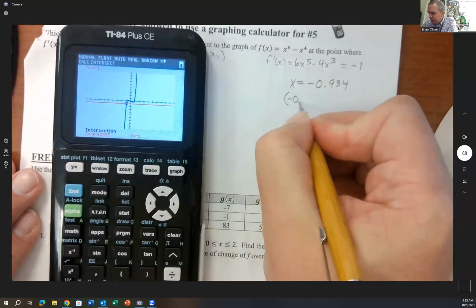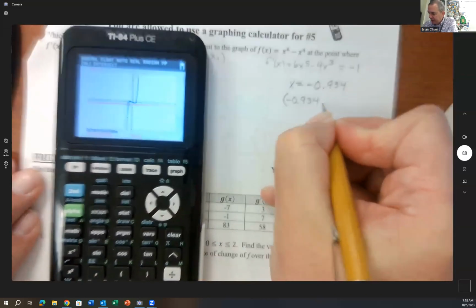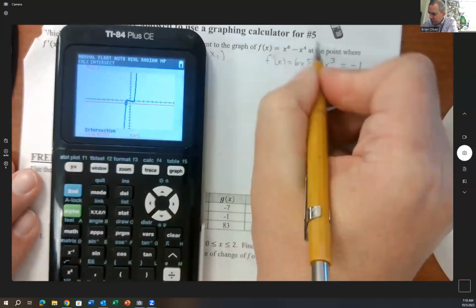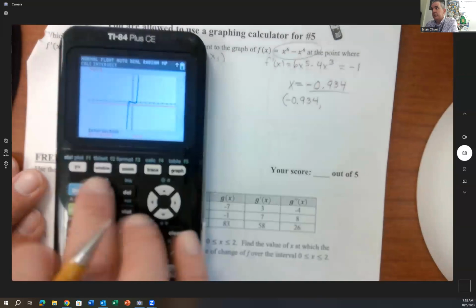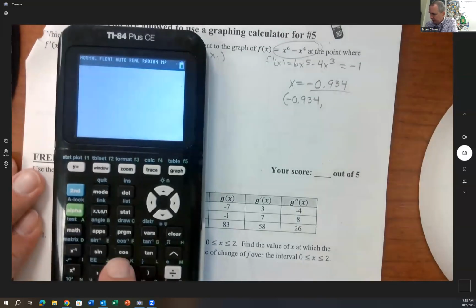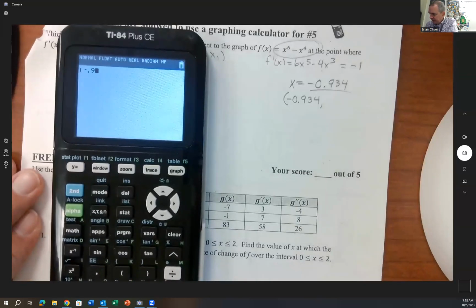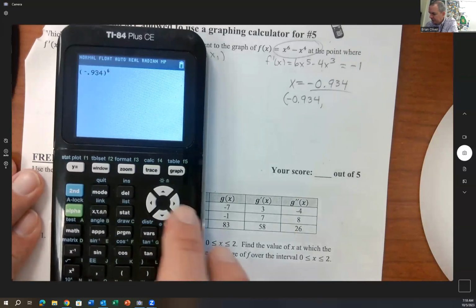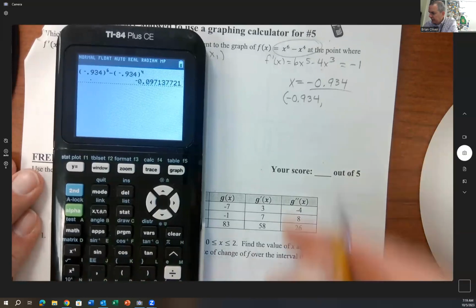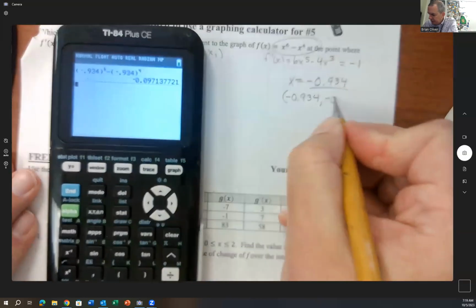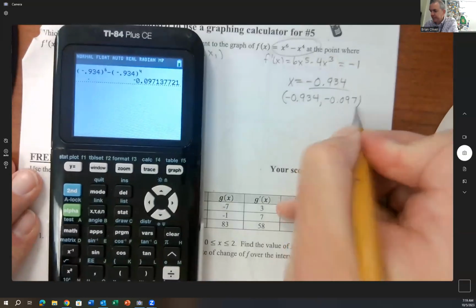The way I figure out the y coordinate is I plug this back into the original equation. So I'm going to go back to the main screen: (negative 0.934) to the 6th minus (negative 0.934) to the 4th. And that's going to give me negative 0.097.